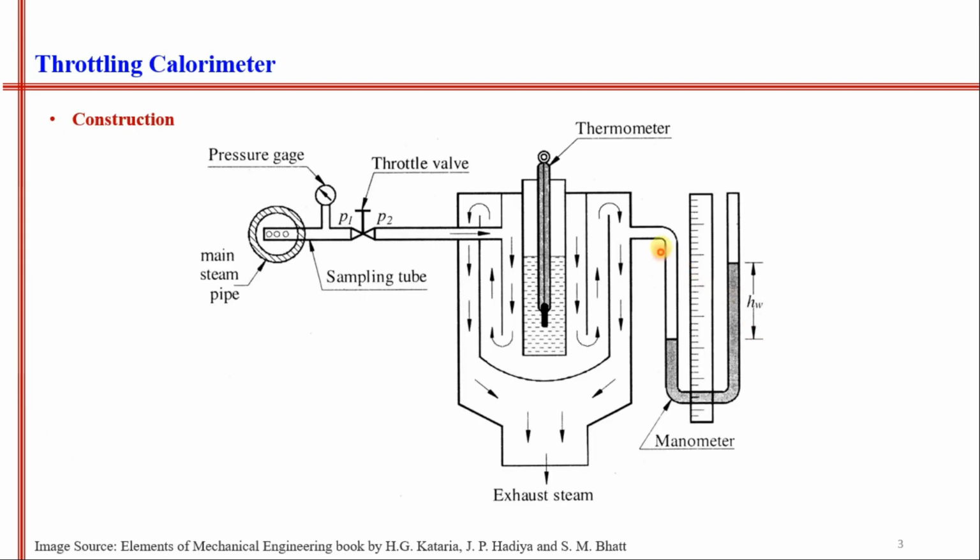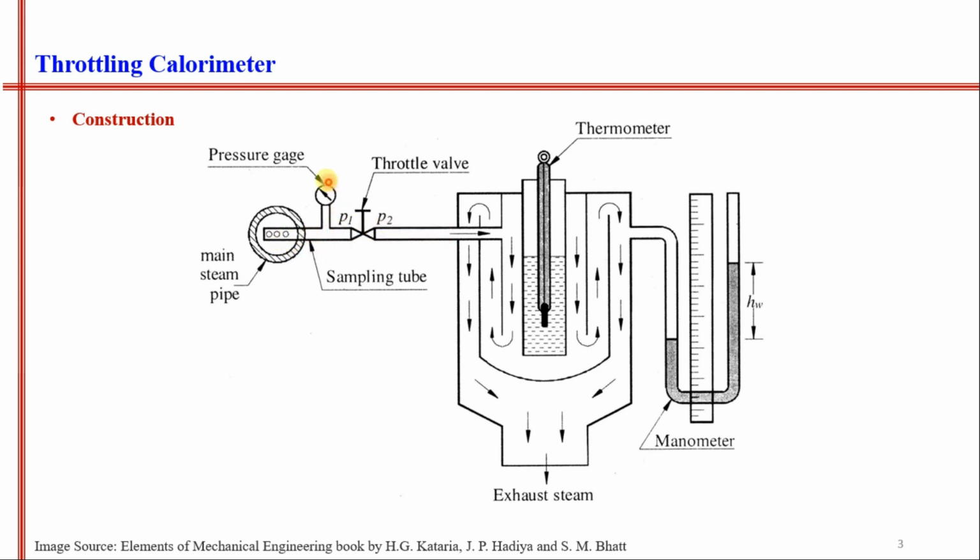Let's have a look at the construction of the throttling calorimeter. This figure is taken from the Elements of Mechanical Engineering book by H.G. Kataria. First take a look at this. This is the main steam pipe from which we are collecting the sample to measure the dryness fraction, and this is the sampling tube.